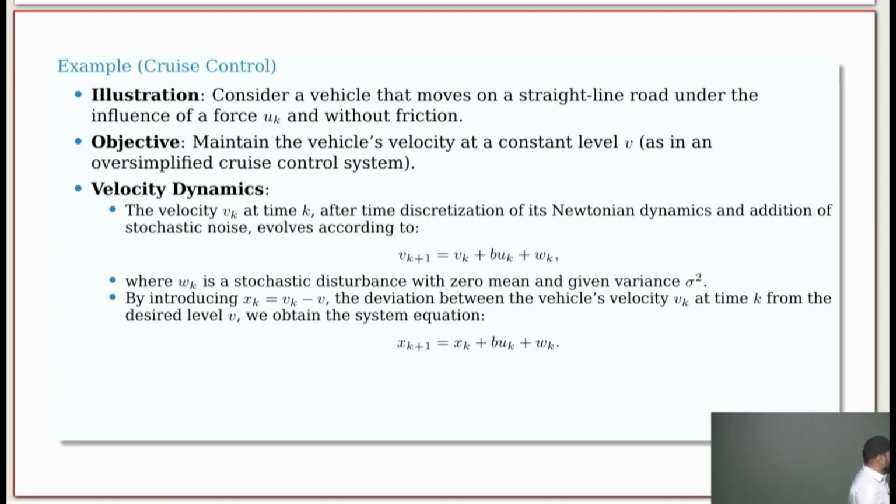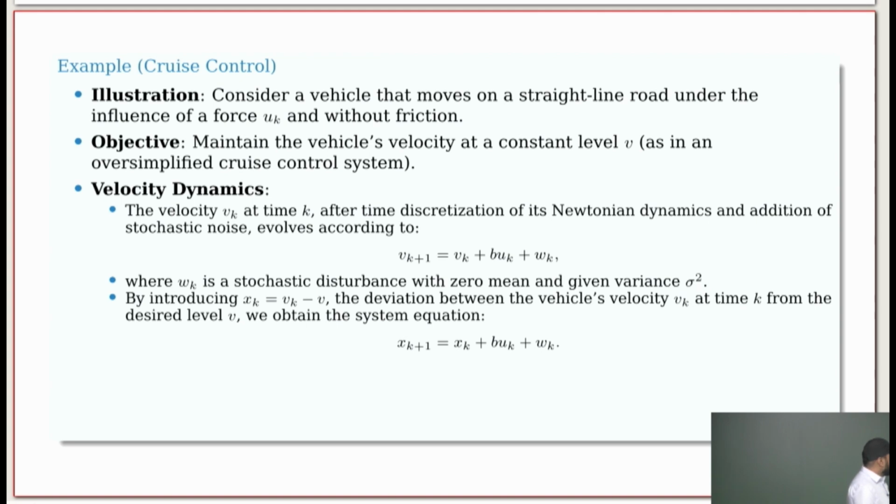Then we can reformulate this in terms of our notations, which is state, action, and disturbance. So our state could be rewritten in this form. This is a velocity equation, but then we can write this as state, which we define as vk minus v. So vk is our current speed, and v is the desired speed that we want to achieve. Ideally we want xk to reach 0 throughout.